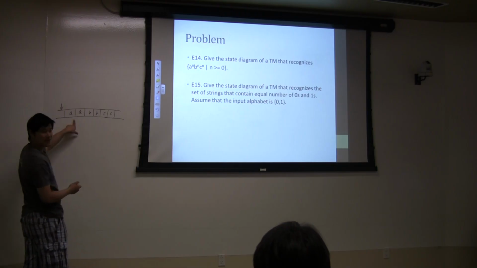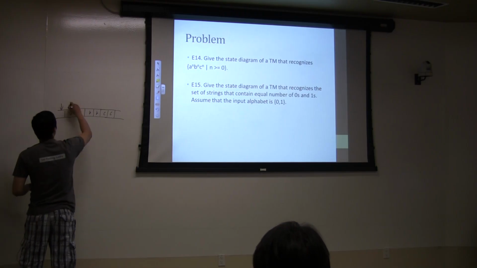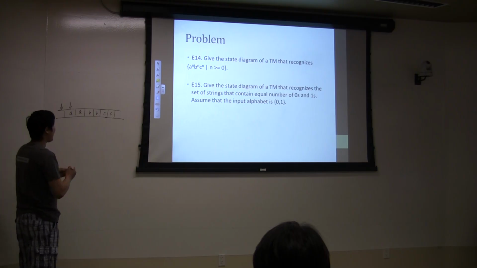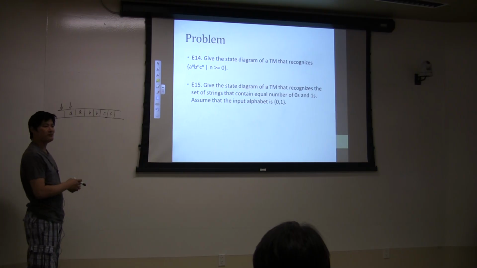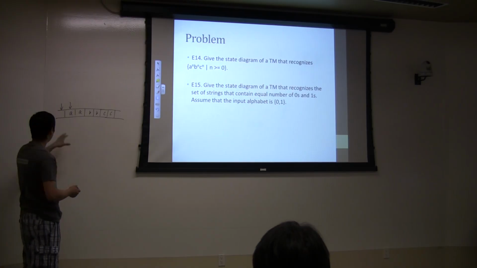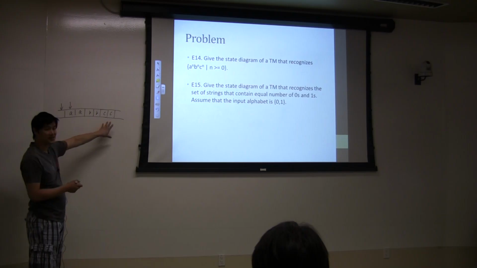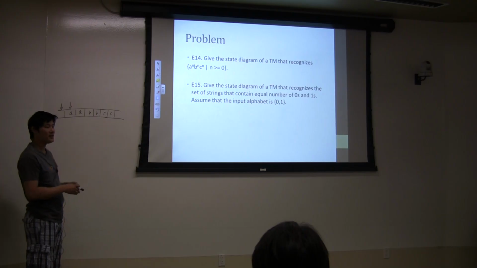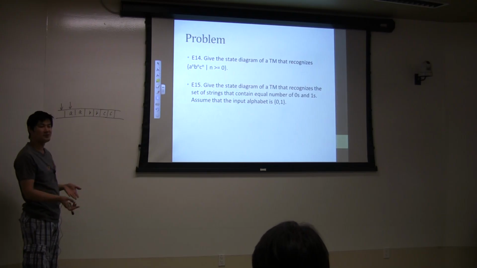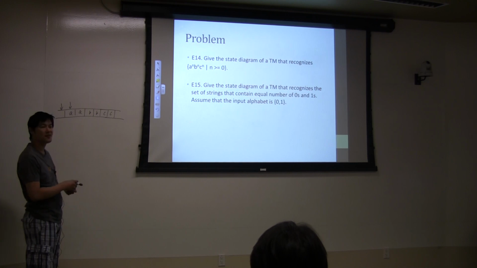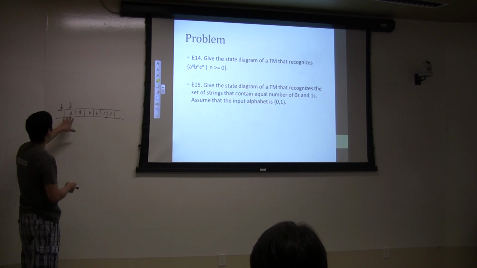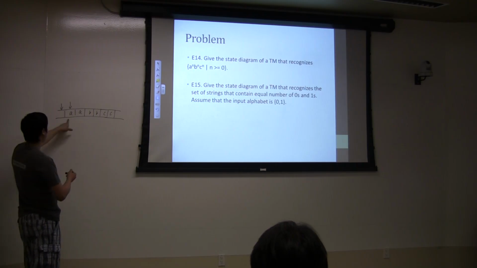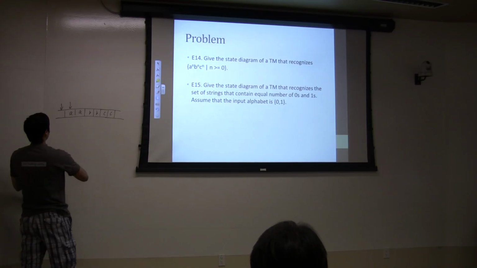You start reading the tape, and if you see a blank, then it terminates. It means the empty string, and the empty string trivially has the same number of A's, B's, and C's. If you see B or C, then you terminate and reject because it's not of the form. So it must start with an A.